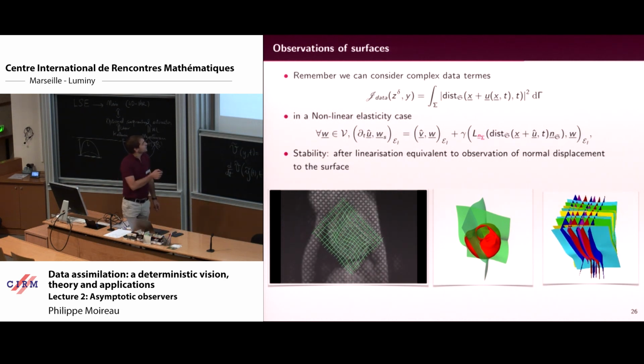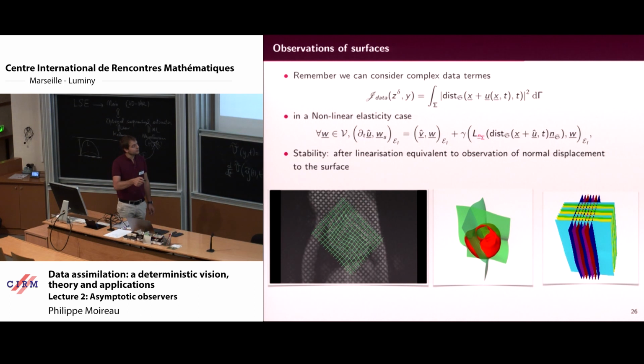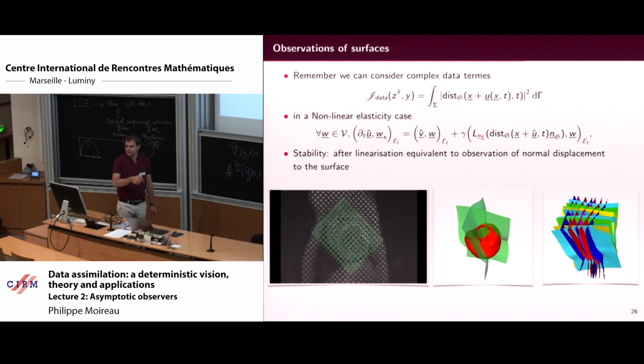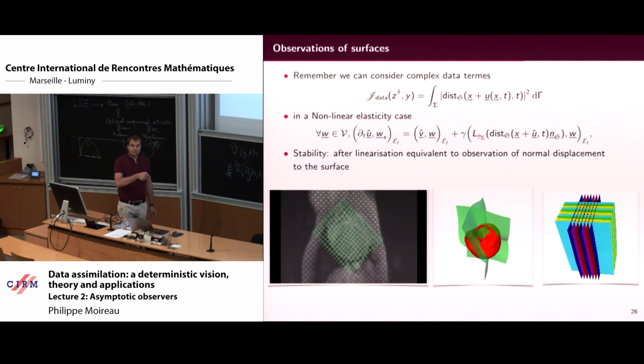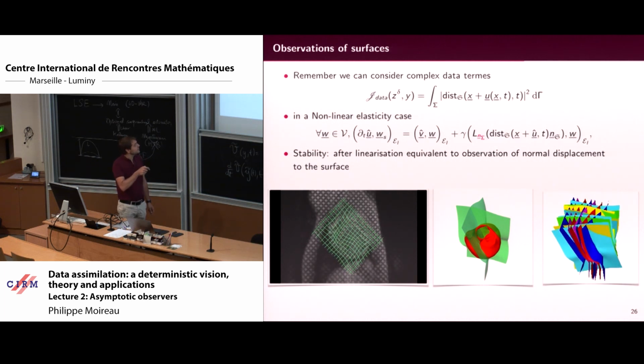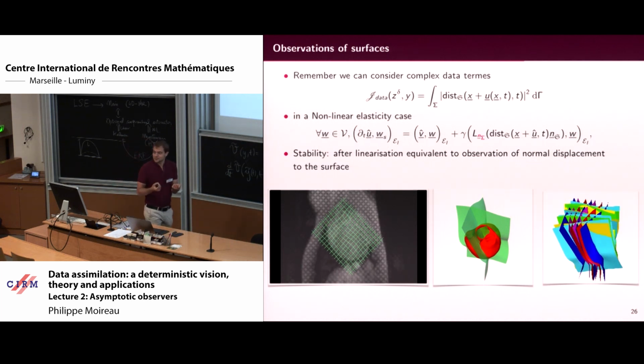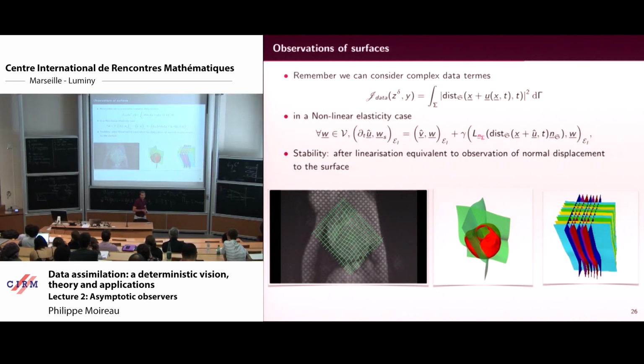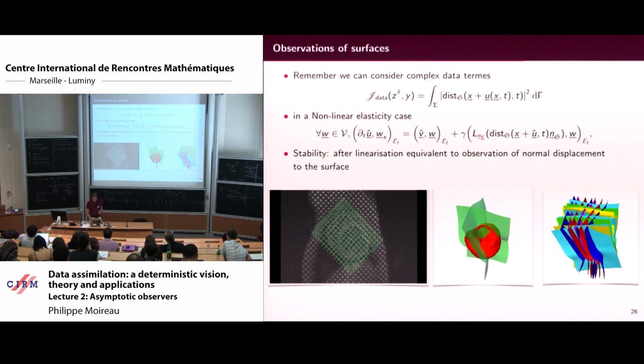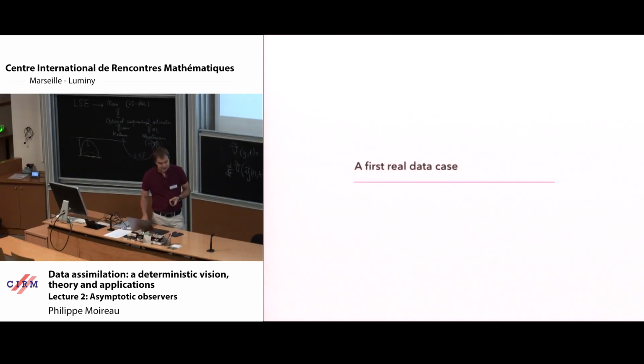The tags are moving like that, and you can rebuild the plane associated to this tag. Basically the idea is to compute the distance between these planes and these planes, and you use it as discrepancy. What is nice is that you can prove that when you linearize everything, if by any chance you have all the planes, then you will recover in the linearized situation the displacement. Okay, so that's the idea.